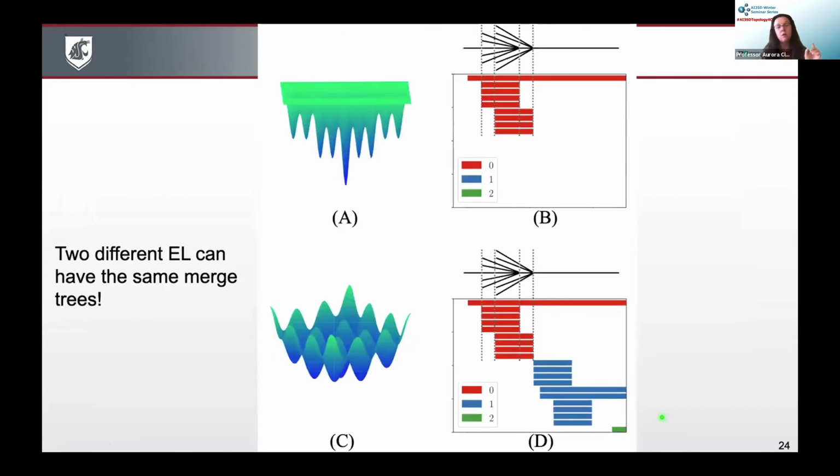But before I talk about how we get to the persistent homology, there's another thing that's important about merge trees, and this is that two different energy landscapes can have the same merge trees. This is because the merge tree is only following that lowest energy path between minima.